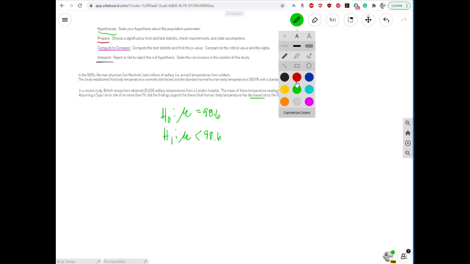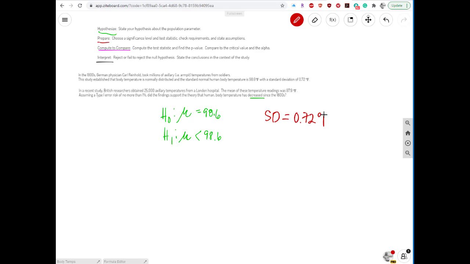The next step is to prepare. And as always, I like to go ahead and write out the things that I may need. So we have the mean here, which was our mu, but they also told us that the standard deviation for our mu was 0.72 degrees Fahrenheit. And they told us that in this new study, there were 25,000 temperatures taken.